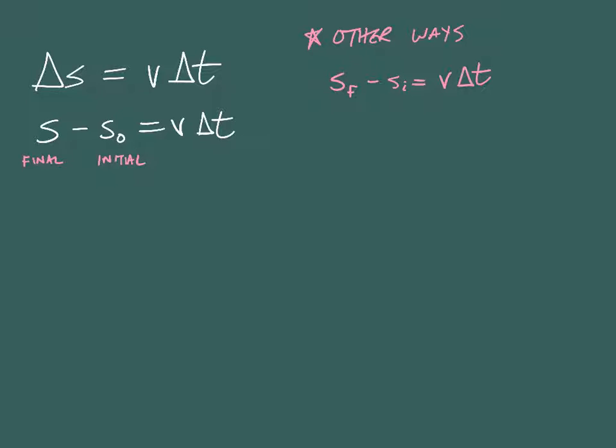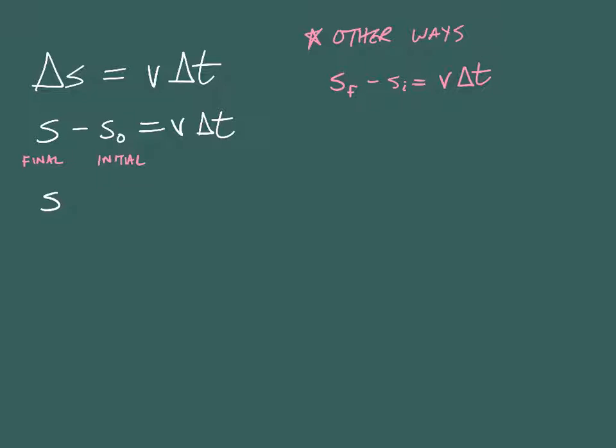So we have two equations here. One of them is the one we started with. The other one is just a rearrangement of those things. But here's what I want to point out. Step 2, isolate the term representing the final value of the variable.